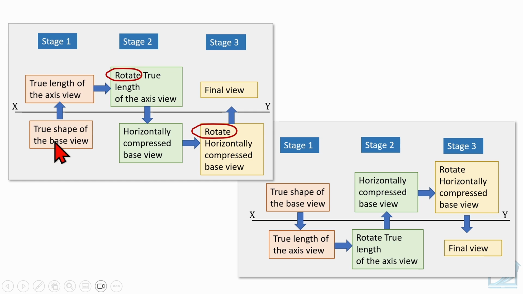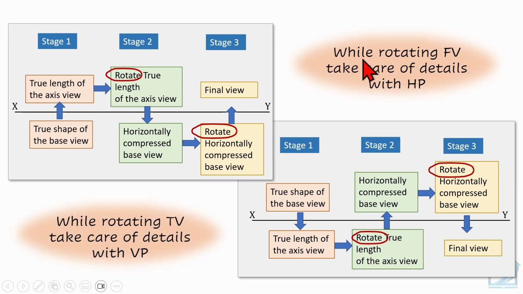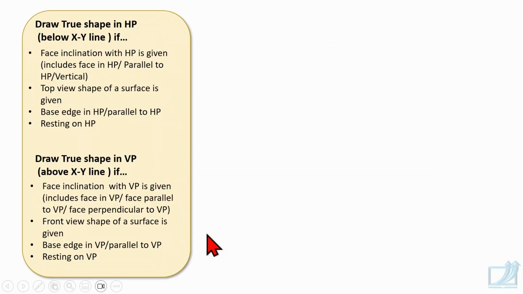So check case 1 flow chart and case 2 flow chart. This is how we have completed the drawing. Remember again, there are always 2 rotations involved if the axis is inclined to both the reference planes, and while rotating the front view take care of details with HP, and while rotating the top view take care of details with VP.